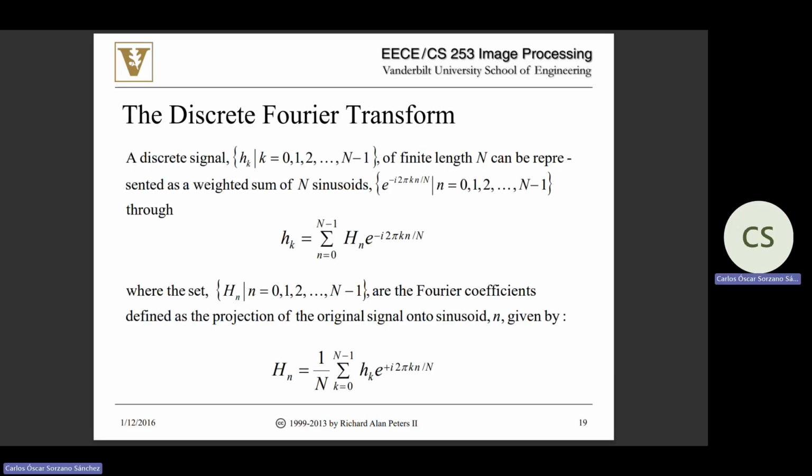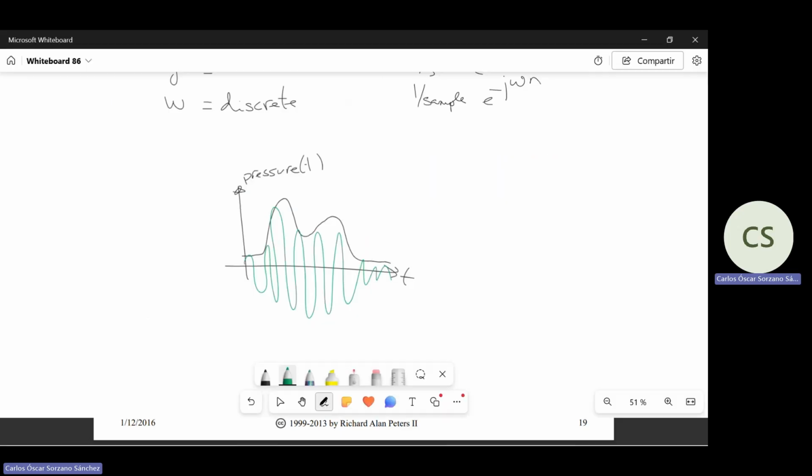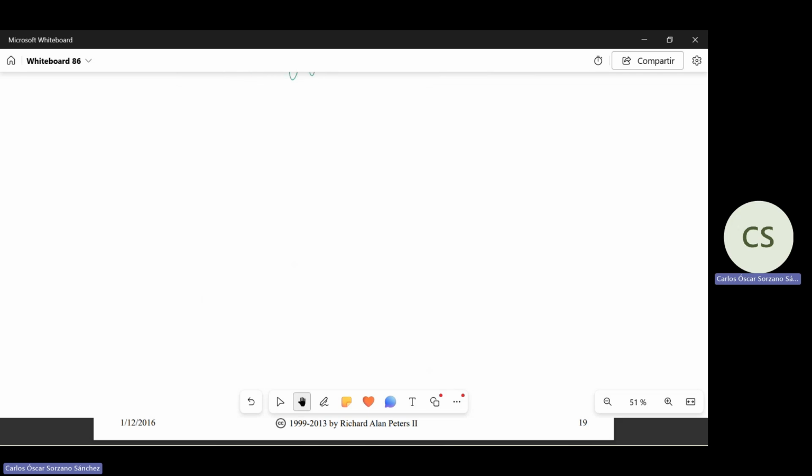And then you have the discrete Fourier transform. The discrete Fourier transform is not for continuous signals, but for discrete signals. Okay, let's make some drawing here. So we have x of t. This is still continuous, and we have x of n.